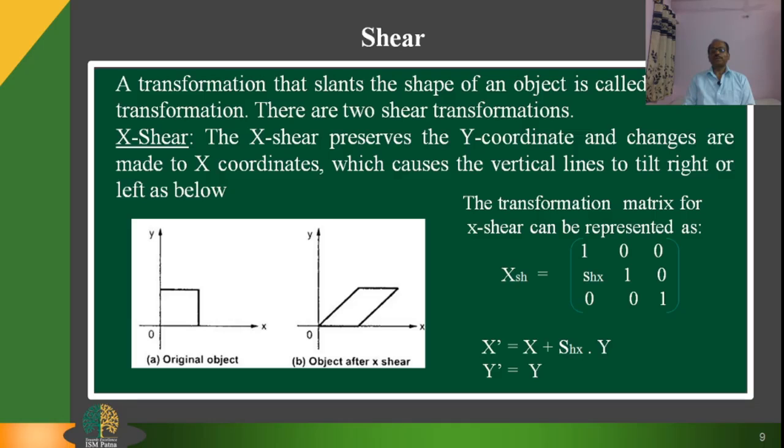And finally, we find that X dash, I mean the new position, the new appearance of the object, is X dash equal to X plus SHX multiplied by Y, whereas Y dash is the same as Y, the original.